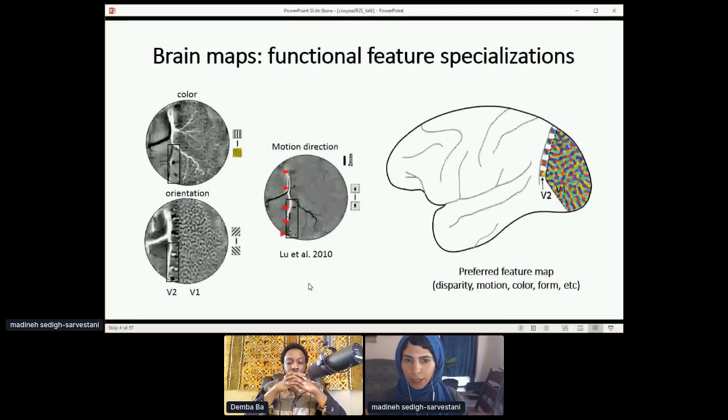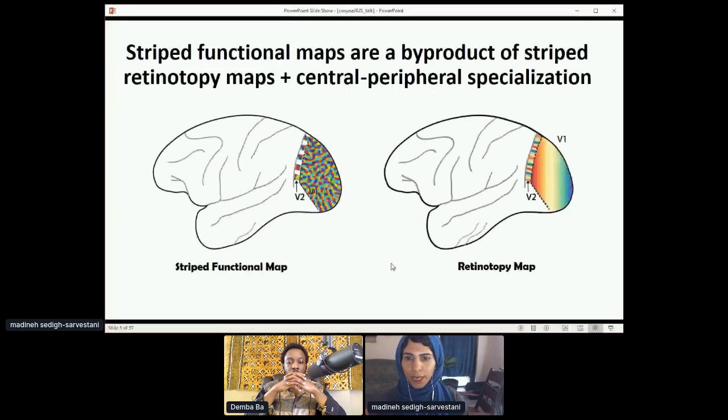I'm going to show you some data from another animal model, the tree shrew, that suggests a simpler explanation. We think that these functional domains in V2 reveal that central and peripheral parts of the visual field have specialized processing, and that the key discovery that led to this conclusion is that the retinotopic map in V2 isn't simple like in V1.